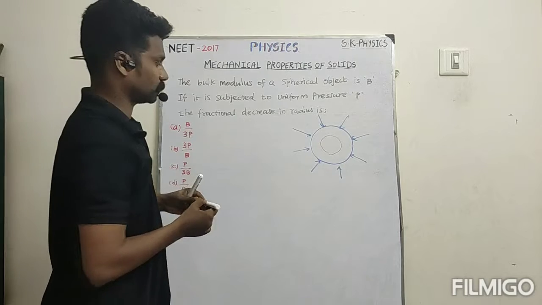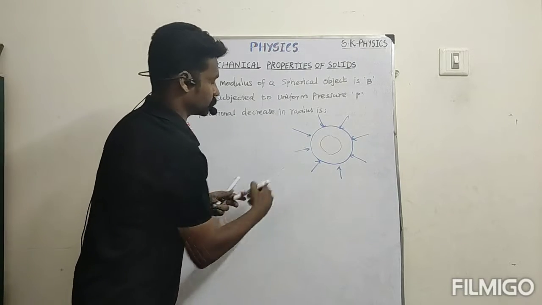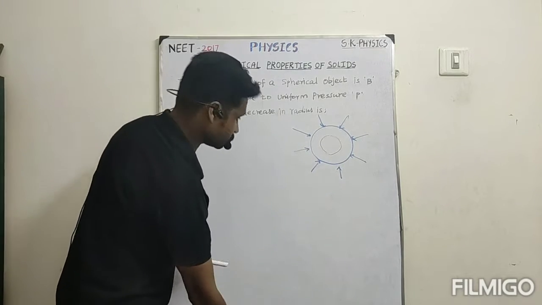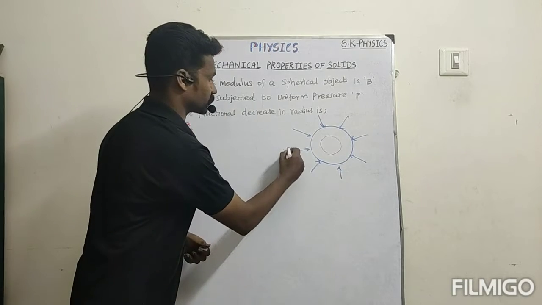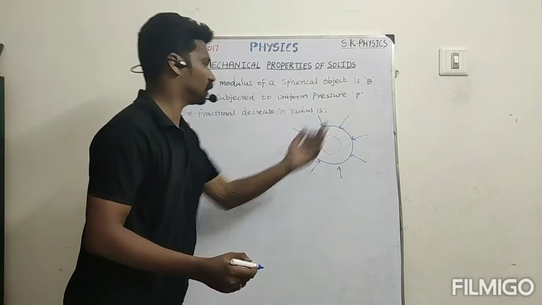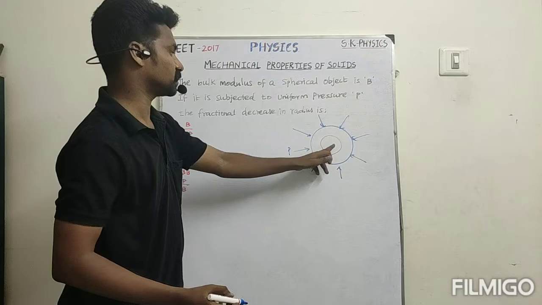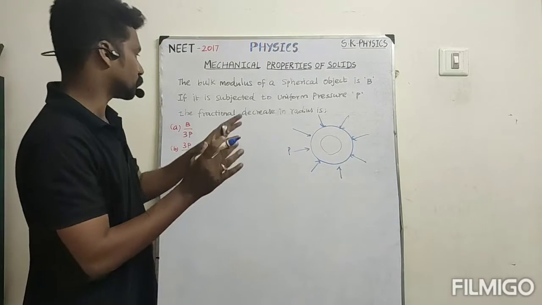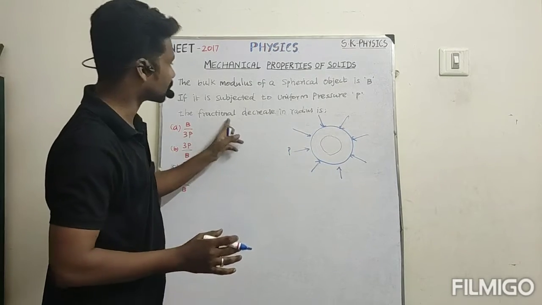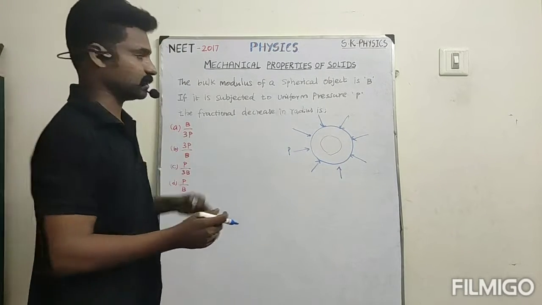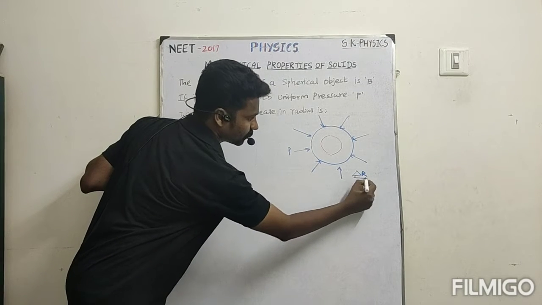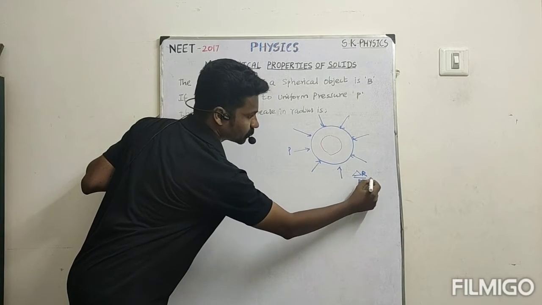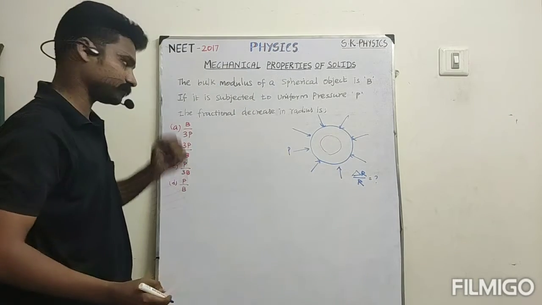So this is the original state, and after applying the uniform pressure in all directions, the volume changes like this. In this case, they are asking what is the fractional change in the radius. Fractional change in the radius means delta r divided by r. That is what is asked in the question.